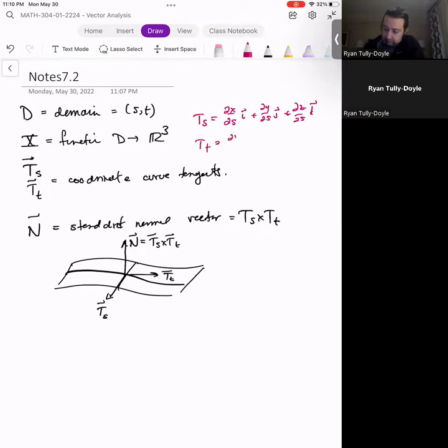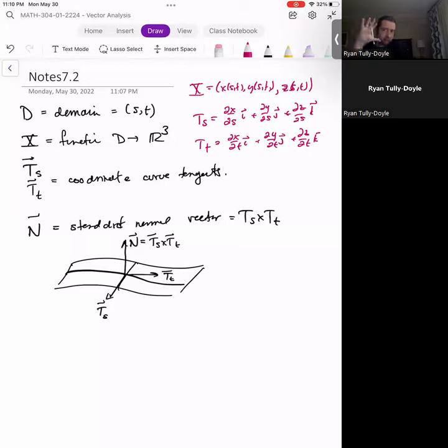And TT is equal to dx/dt i plus dy/dt j plus dz/dt k. And this is where we think of our X as being equal to (x(s,t), y(s,t), z(s,t)). Okay, so that's all the pieces that we need for the background for our differentiable surfaces.